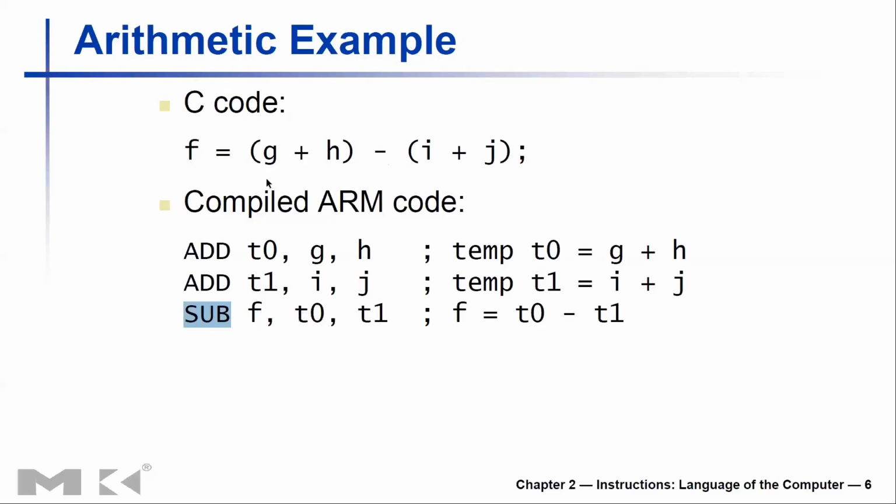This will do this final subtraction, and finally for this f variable, or more precisely the f register. You have not looked at registers and all that yet; a little later we'll look at that as well. All these operands we call register operands, and at the end, for the f register, you will get the subtraction of t0 and t1.